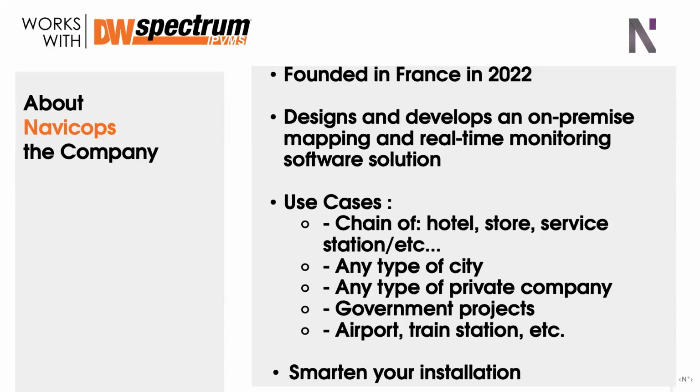And we also want to make the experience better with Digital Watchdog, so you can monitor your whole system and see if you have a problem with devices or sensors. It can be used, for example, by a chain of hotels or stores, service stations, city or government projects, private companies, anything. And we are also open to adding more features that will allow anybody to make their project with Navicops.